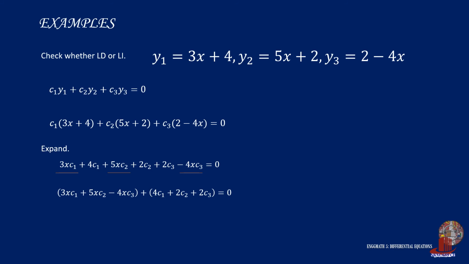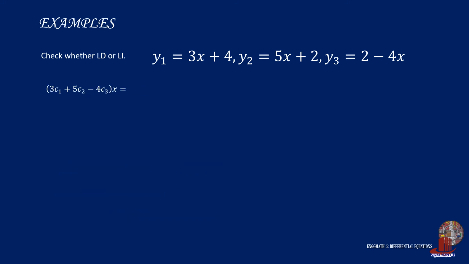Then next is to extract out x from the first quantity and note that these are equated to 0, which is also translated as 0x plus 0. So by using ZPP or zero product principle, we can equate both groups to 0 where x cancels out on the first equation. Then what we have is a system of linear equations.